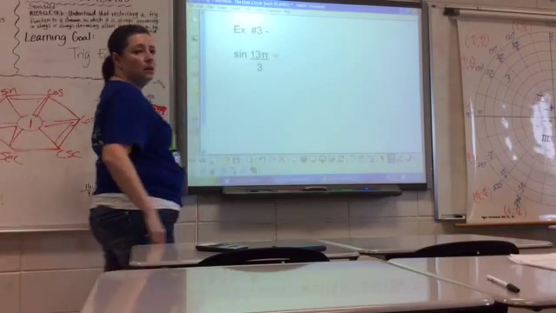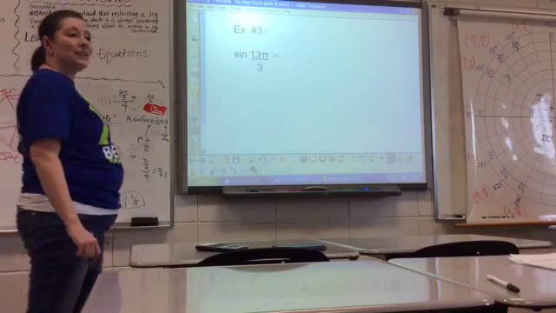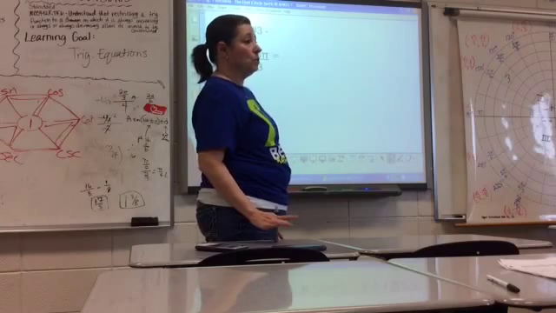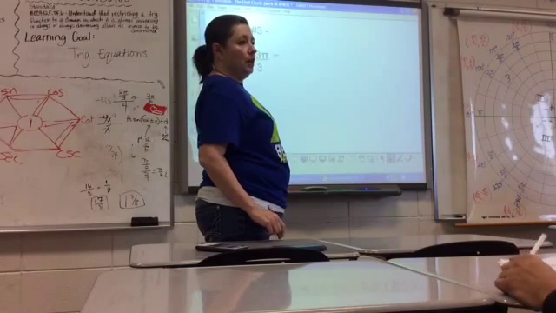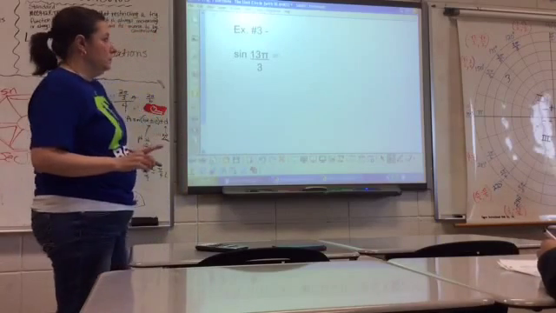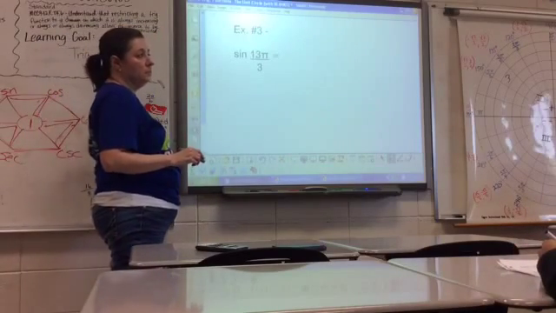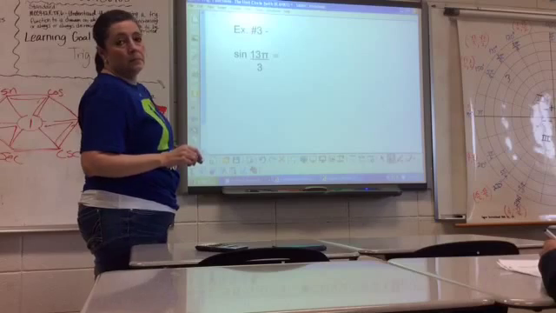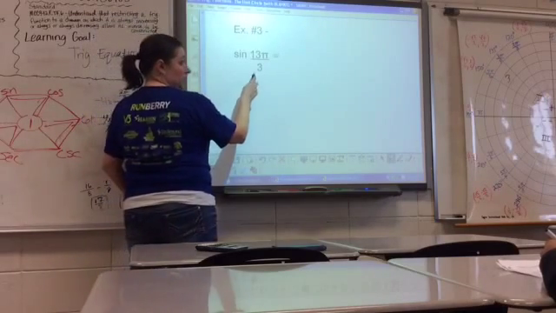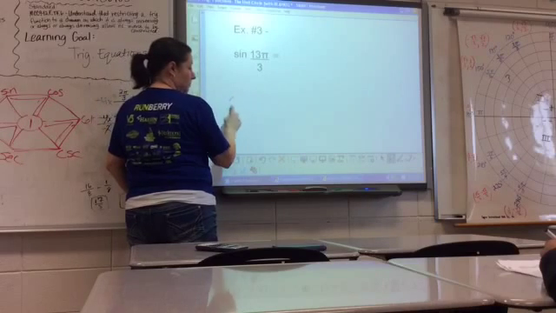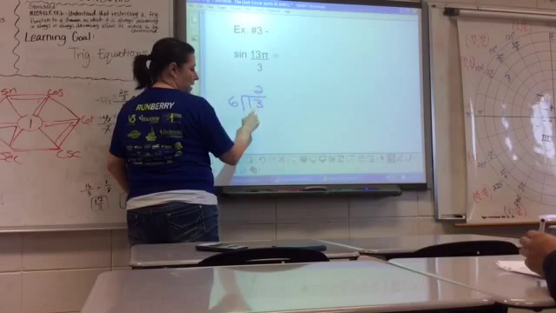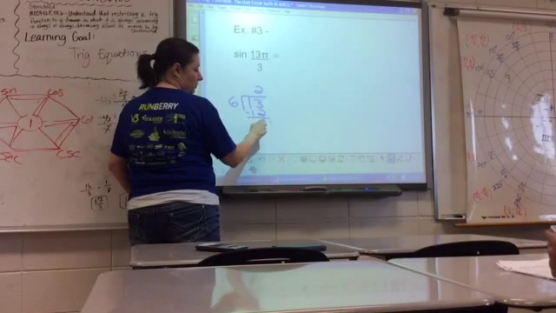Now let's move a little bit. 13 pi thirds. Now we've got to practice finding 13 pi thirds. See if you can locate where you think it is, because that's the hard part. This is where you double the bottom, divide it into the top. 6 will go into that twice with 1 left over.